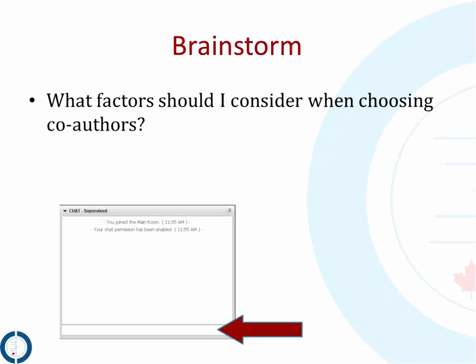Okay, we have statistics, methodological expertise, statistician, library science, publications. I'm going to enter one more here. How about Cochrane experience? Those are all things we're going to wish to consider while forming up a team of authors.